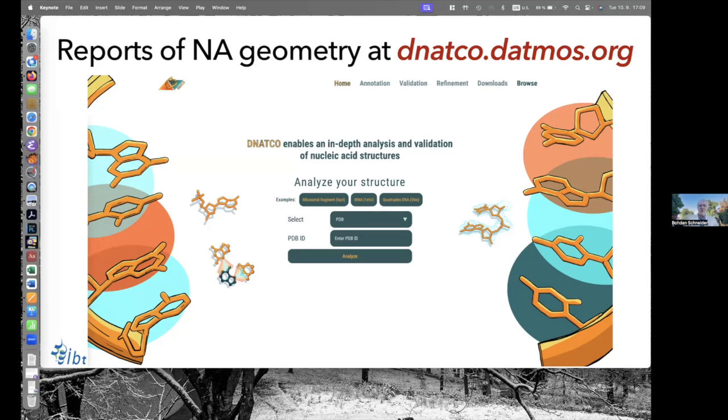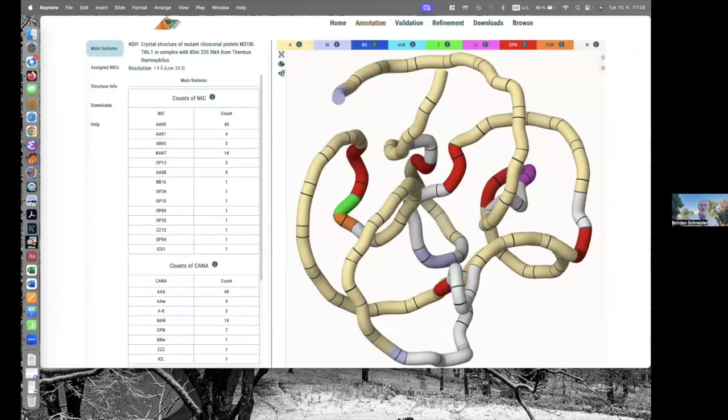And then you push analyze, and you get a basic screen with basic information on the left and a Mol* generated picture of the backbone of the nucleic acid in question. What is interesting and important in this picture is that you get very concise information about the conformation of the molecule, because we have some simple color codes on top.